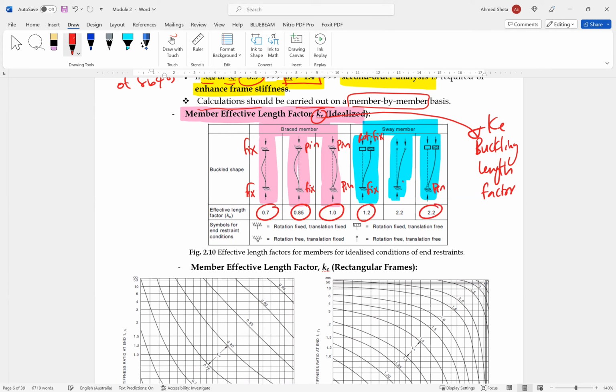And the middle one, fixed at bottom, free at top, is 2.2. So these are the idealized values of KE, where LE, the buckling length, equals KE times L. KE is from this table, and L is the column length from the real structure.